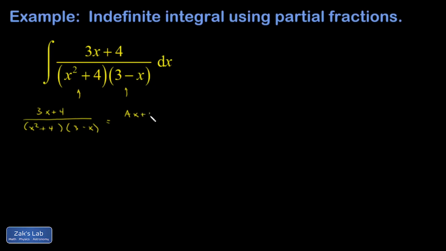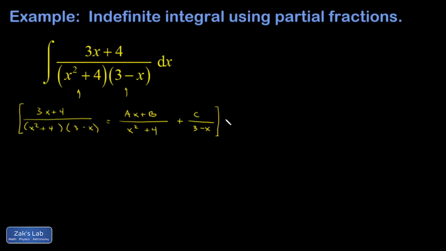Now, over the quadratic piece, in general, we need a linear piece, ax plus b, to guarantee that this decomposition is possible. And over the linear piece, we just need a constant. So that's our proposal. And we're going to figure out how to break this integrand down into these simpler pieces, and then hopefully each of those is not too hard to integrate.